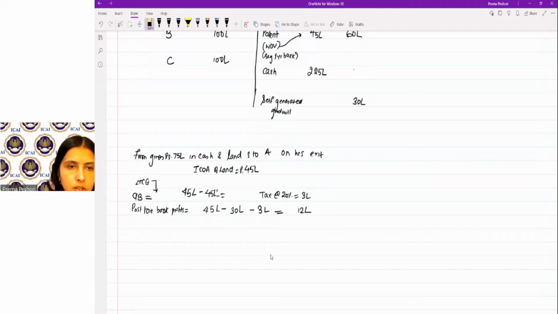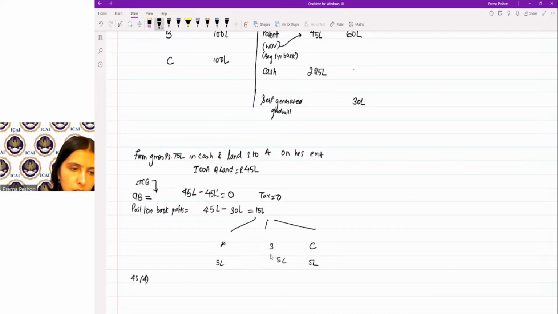So this was coming to 0. My book gain would have been 45 minus 30 lakh, directly 15 lakh. Tax is also 0. Now I'll divide it into 3, A, B, C, and this will be 5 lakh each. What is my 45(4)?